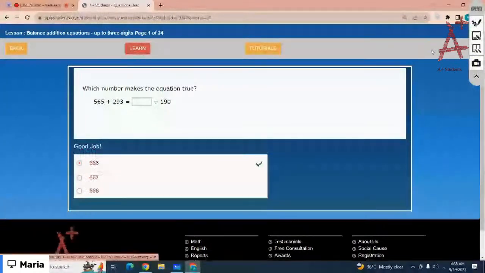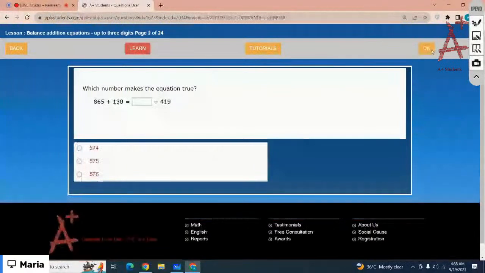Okay. Which number makes the statement true? So which is the correct option?